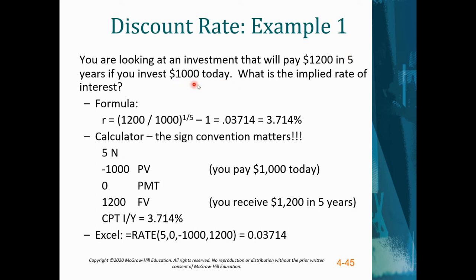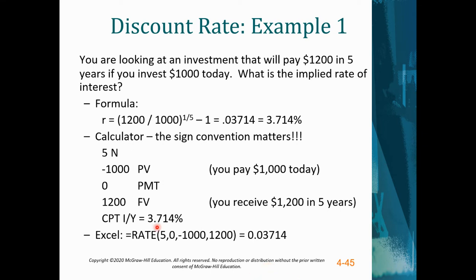I know my present value, which is 1,000. I know my future value, which is 1,200. All I need is to calculate the interest rate, R. So here I have 1,200 over 1,000 to the 1/5 power minus 1.